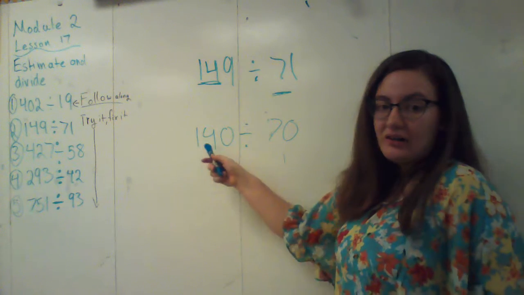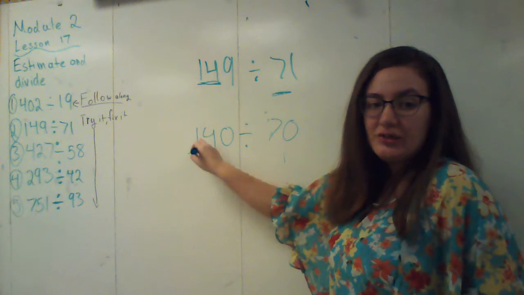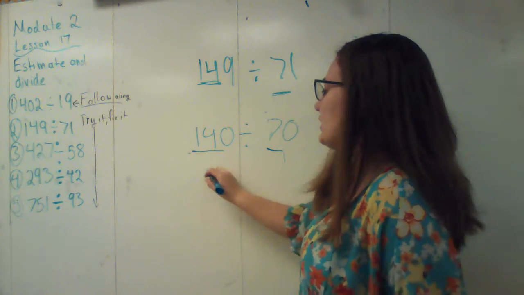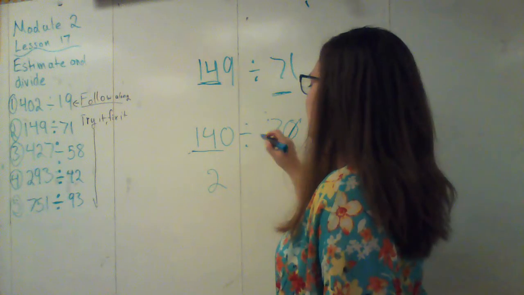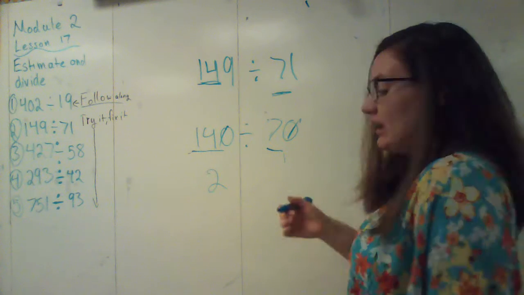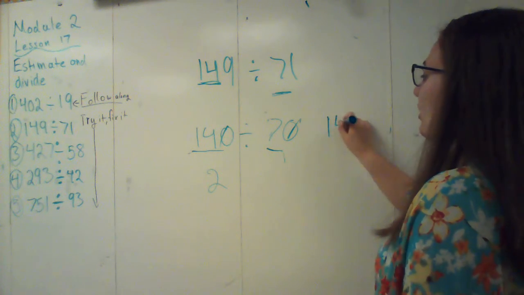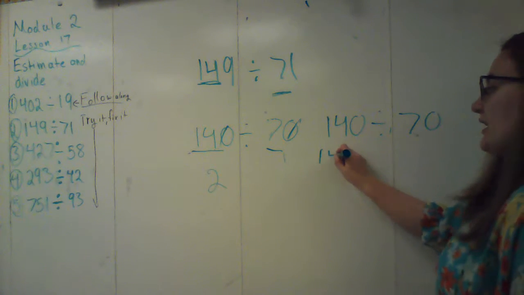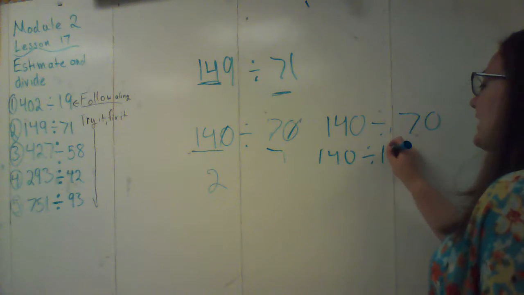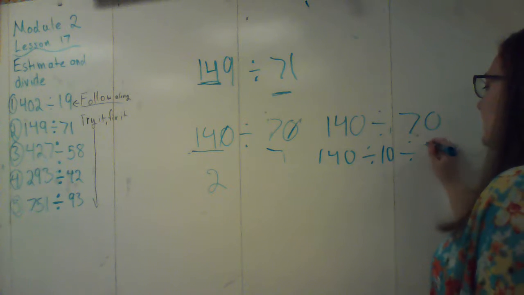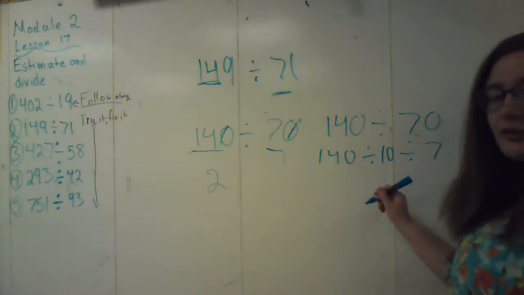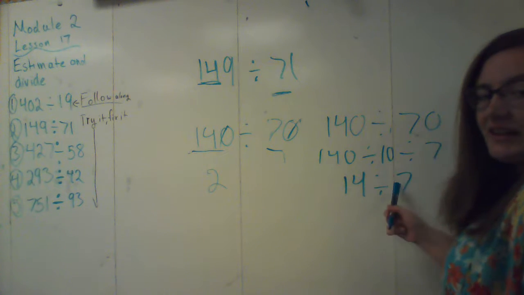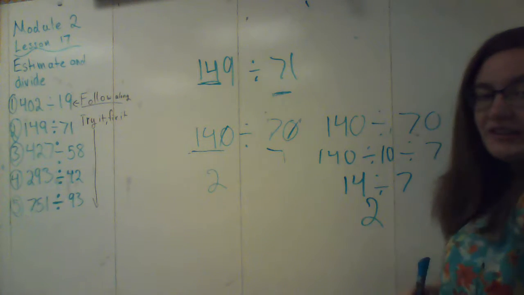So let's get started with estimating now. We're actually doing the math. So I have 14 divided by 7, which is 2, and then I can go ahead and cancel out those zeros. I could also do 140 divided by 70, which would be 140 divided by 10 divided by 7. 140 divided by 10 is 14 divided by 7 then, bringing that down, and my answer is 2.